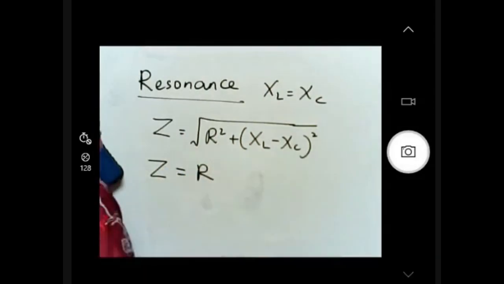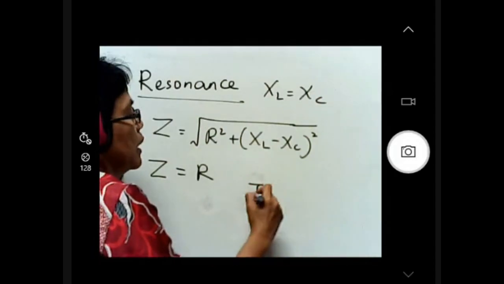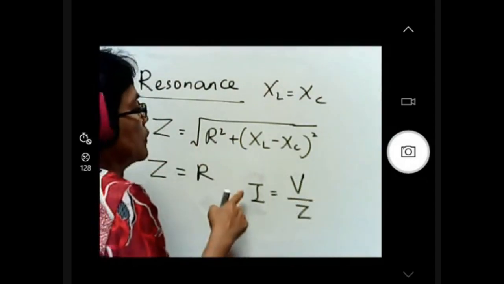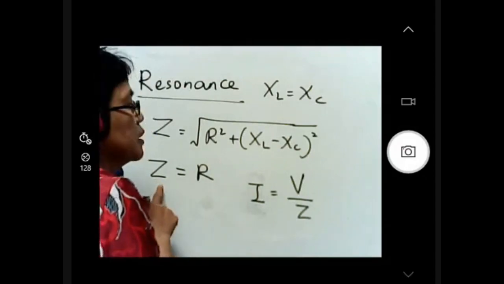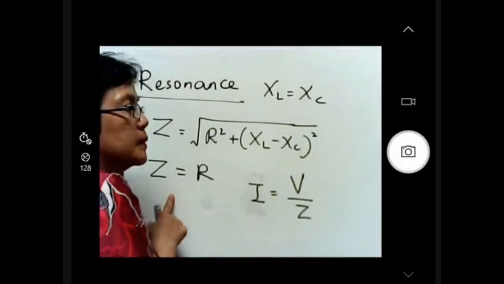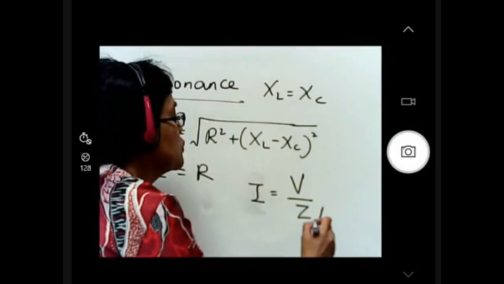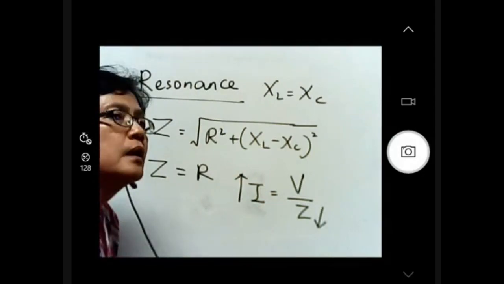Then the current I equals V over Z. This will be the minimum value of Z, because this is 0, so it is the smallest value. If this is the smallest value, that means your current will be the maximum value.